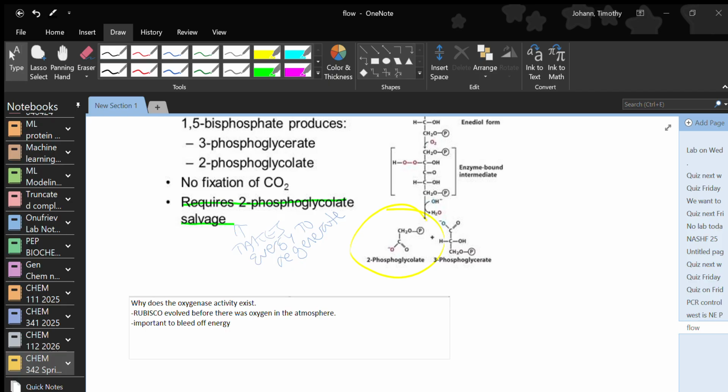If it's really sunny out, you need to deal with it. You can't go in the shade. And so one thought is that this is a way you run this reaction, you use oxygen, and you bleed off energy because you can't really use it anyway.